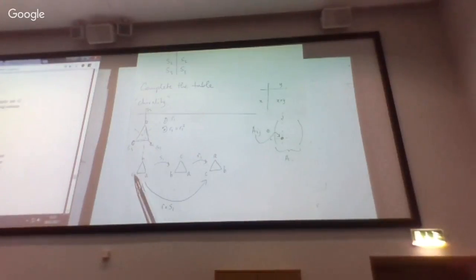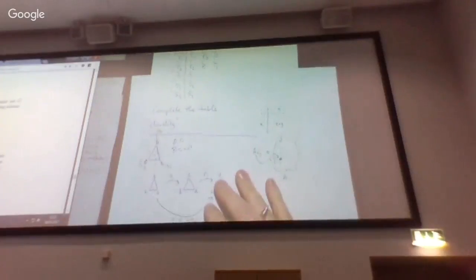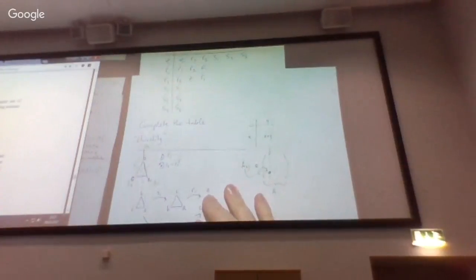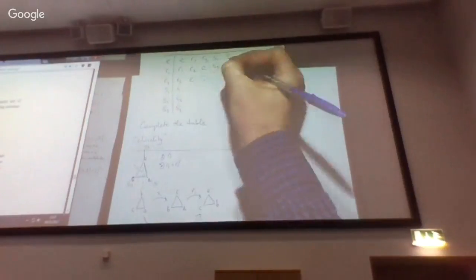Label C is still in the same position as it was when it started, and A and B have swapped their positions. So this overall transformation is clearly S3. It's had exactly the same effect as applying S3 to the starting triangle. So the entry in our Cayley table, in this position here, R1 after S1, is S3.